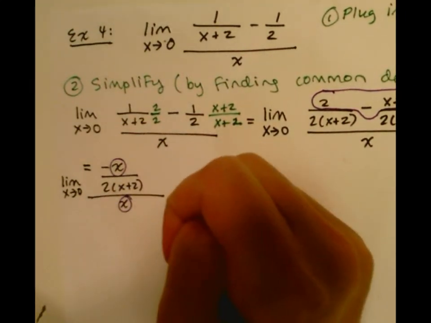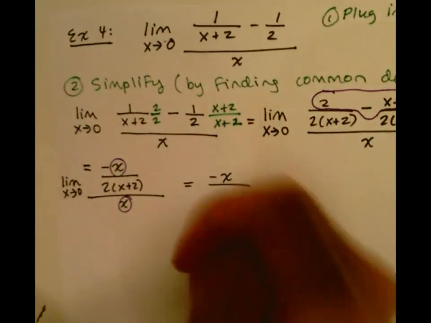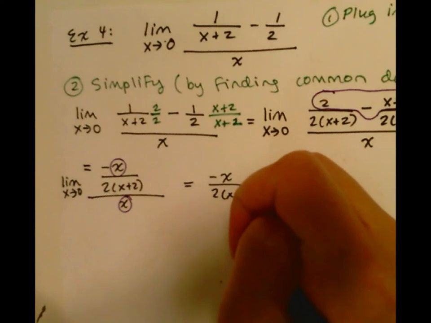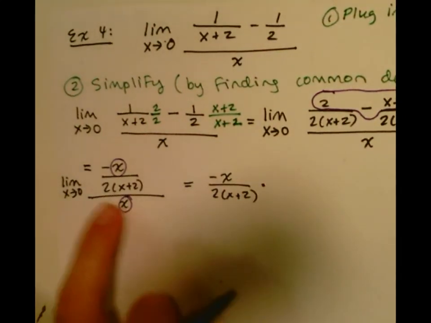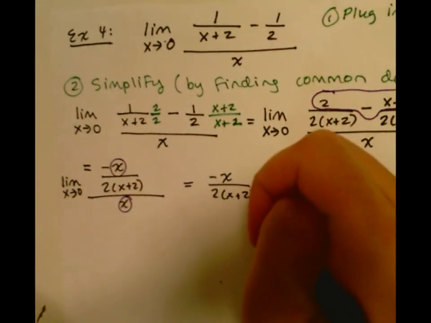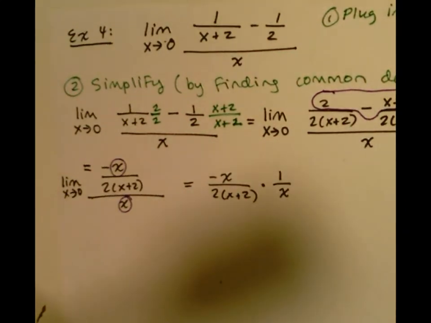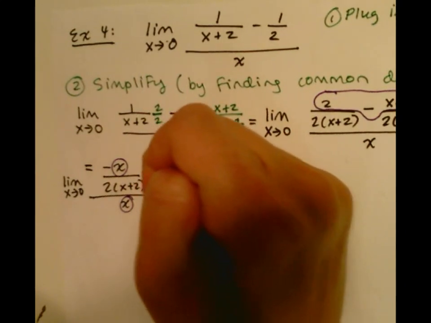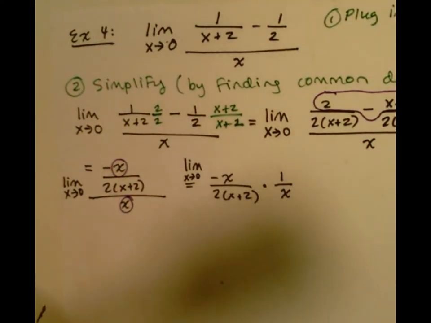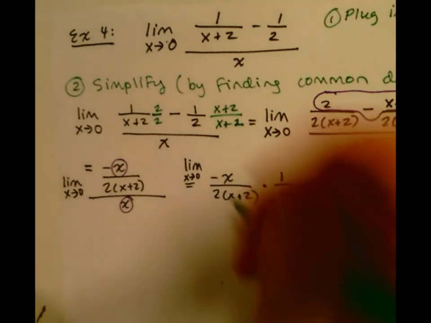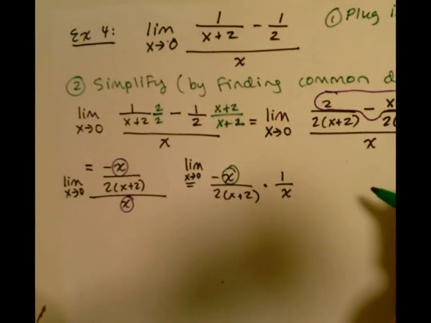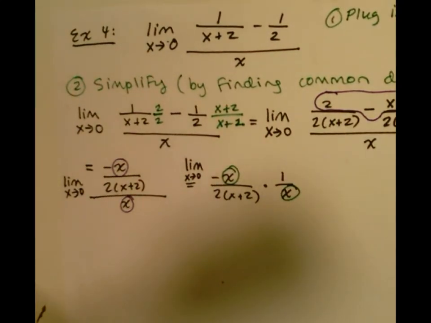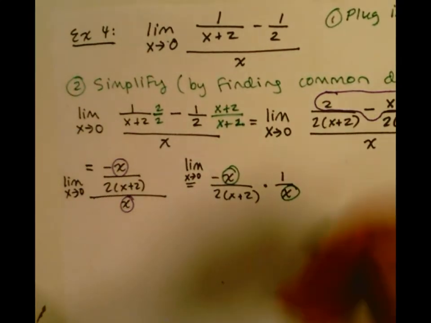Well, that's the same thing as saying this fraction, negative x over 2 times x plus 2, is being multiplied by 1 over x. And when I write it like this, oh, I forgot my limit again. Now I can more easily see I have a factor of x on the top and a factor of x on the bottom, which means that those x's can cancel.